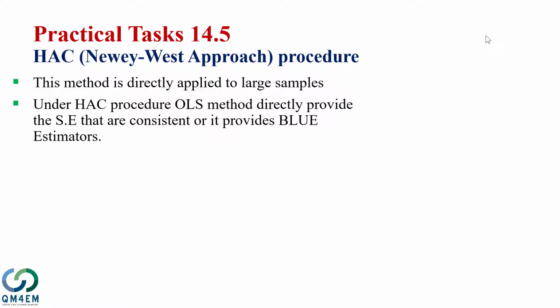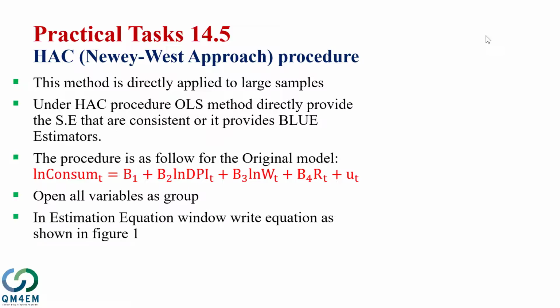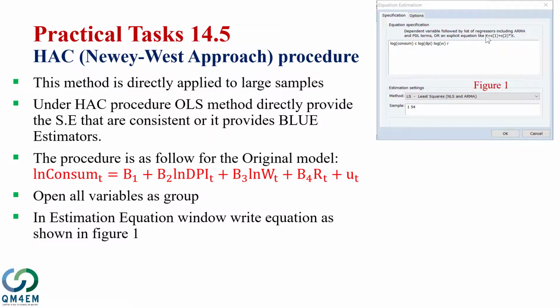We first formulate the same original model, log of consumption being regressed on DPI, wealth and real interest rate, and for that we open all these variables in group form. Once we have the estimation window open, as you can see in figure 1, it shows log of consumption being regressed on constant, log of DPI, log of wealth, and the real interest rate.